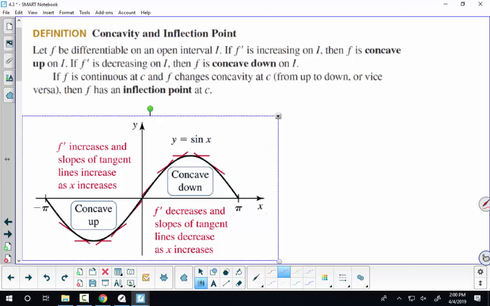So notice the analogy here: where the second derivative changes sign, we get an inflection point, whereas when the first derivative changes sign, you get a local minimum or a local maximum.